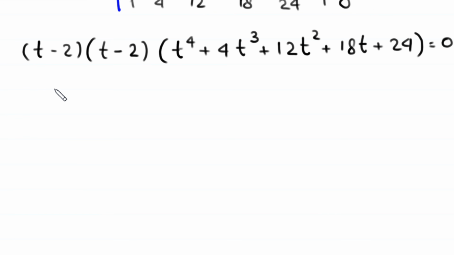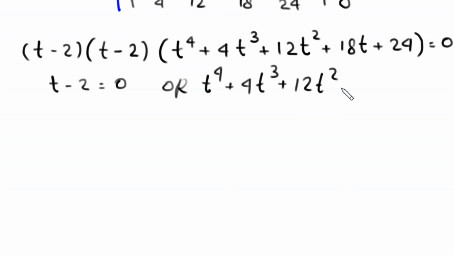It means that either this factor t minus 2 equal to 0, or this factor t to the power 4 plus 4t cubed plus 12t squared plus 18 times t plus 24 equal to 0. From this equation we get the value of t equal to 2, and from this factor we prove that this left hand side can never be equal to 0.